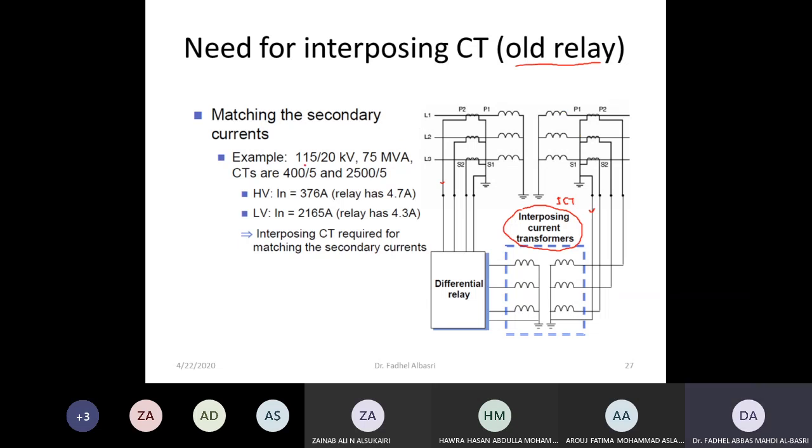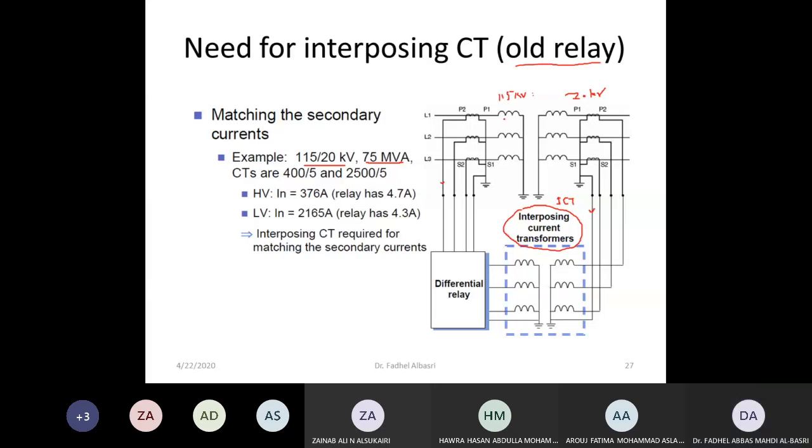But suppose now the transformer rated voltage is 115 kV this side and 20 kV the other side, and the 75 MVA rated power.